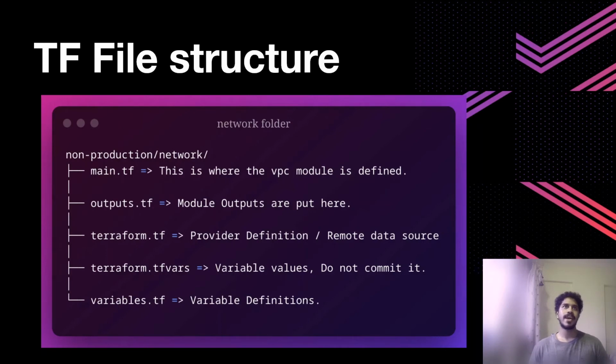So the Terraform file structure looks something like this. You have a non-production folder, you have a network folder where you create all your VPCs, you define your subnets, and you create private subnets, public subnets. So I use a VPC module.